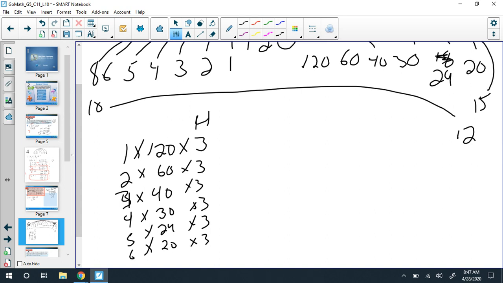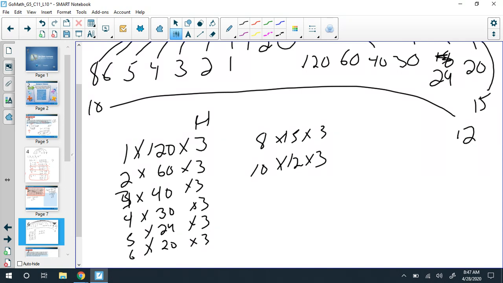Let's see, we could have an 8 by 15 by 3, and a 10 by 12 by 3. So these are all of the possible cakes that we could create that have this volume.